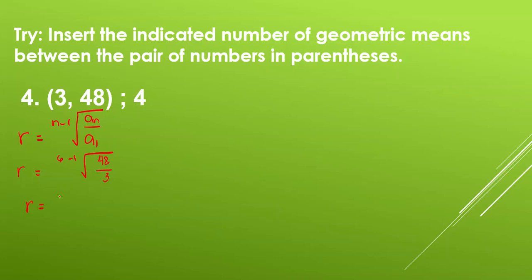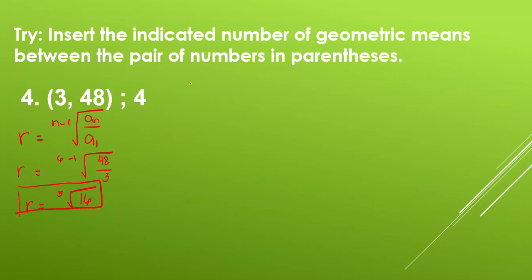Okay, r is equal to the fifth root of 48 divided by 3, which is 16. So if you will get the fifth root of 16, 16 is just 2 raised to 4. So it doesn't have an exact fifth root. So it will be your common ratio.